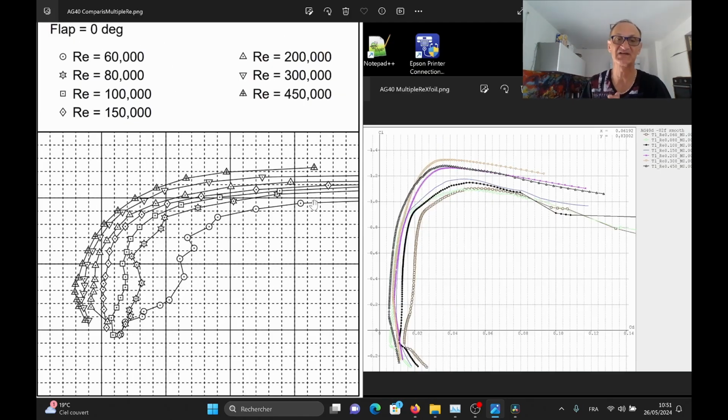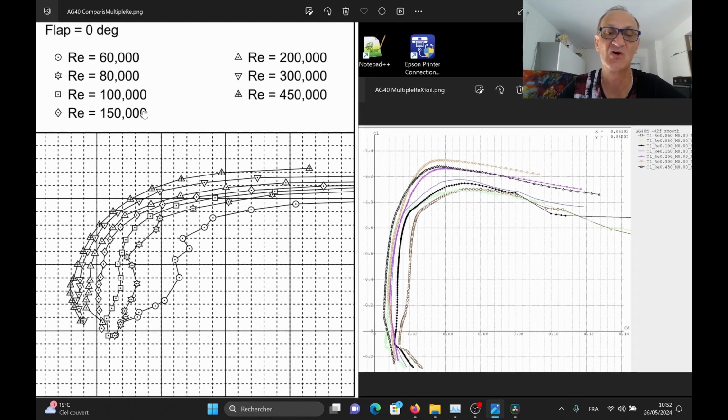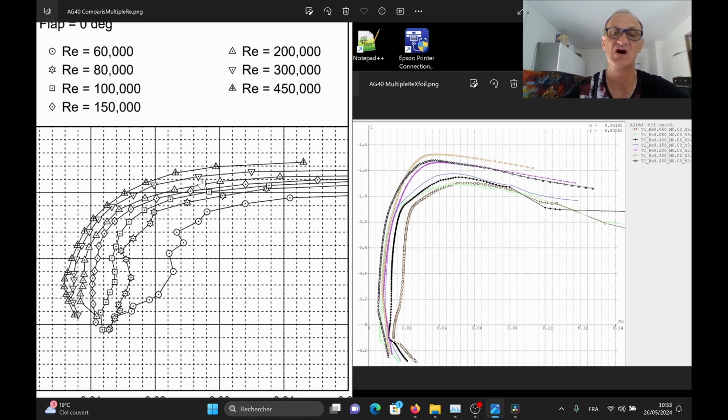Let's come back to a more average value, which will probably be 150,000 Reynolds, which for an average F5J would be around 10 or 11 meters per second, 12 miles per hour, and you are in the speed mode on your transmitter.